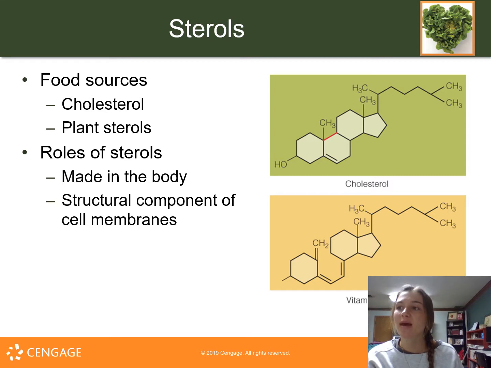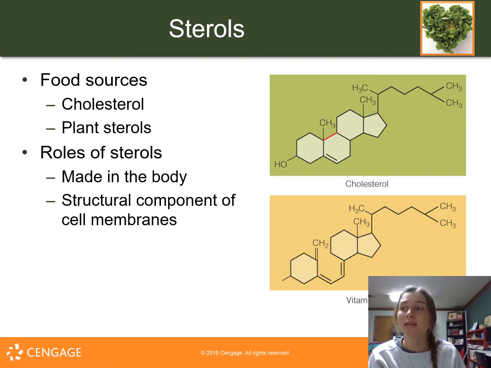Cholesterol itself in the body can serve as the starting material for synthesis of many compounds or structural components of cell membranes. 90% of the body's cholesterol is found in cells, and the compound is made and used by the body. Most cholesterol in the body is endogenous, which means that it's manufactured by the body itself.